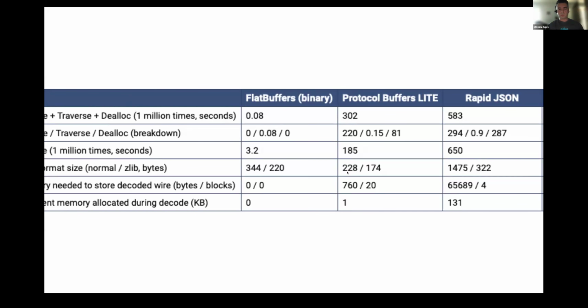But you can see here the payloads are bigger in flat buffers, and protocol buffers is mainly used for transit on the wire, and there the payload size is quite important because we would like to reduce the time we spend in networking.